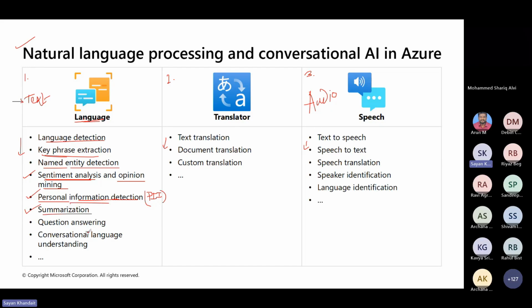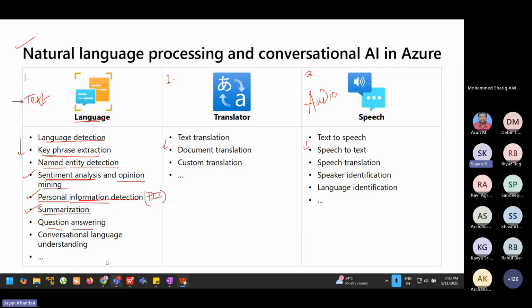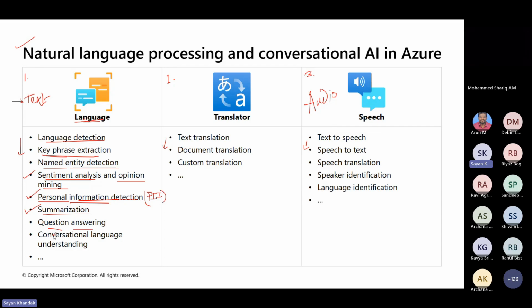Summarization to generate summaries from text, question answering solution that allows you to create a simple question and answering chatbot. Now, this question answering chatbot works on the concept of a knowledge base. This knowledge base is going to contain predefined question and answer pairs.